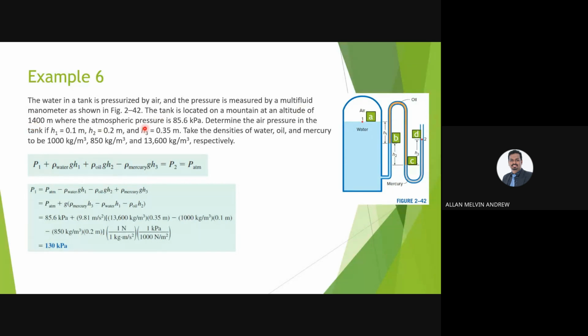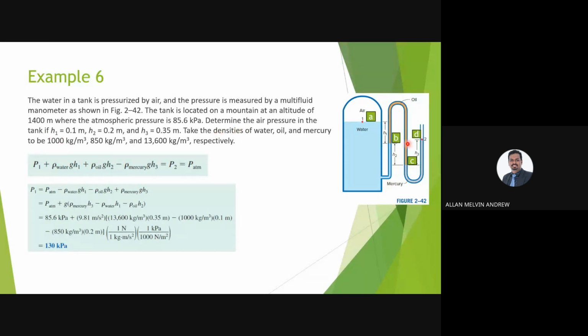So normally the altitude value is not so crucial. The main thing is we know that atmospheric pressure at a higher height will be lower, so that's why the value is 85.6. For your application, you just need to take the value and use it because it's given. So the question is asking: determine the air pressure in the tank.